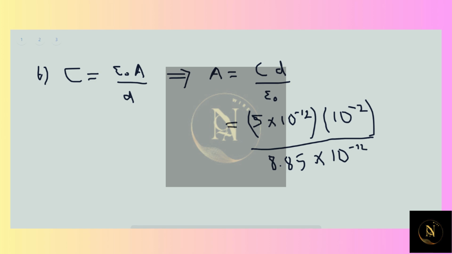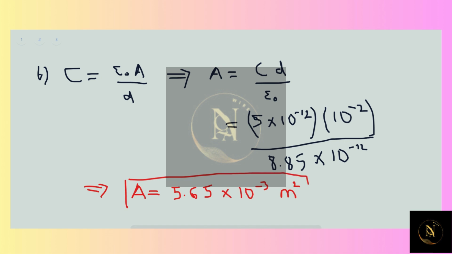If you solve this, you will find that the area of each plate is going to be 5.65 times 10 raised to negative 3 meters square. So this is the area of each plate.